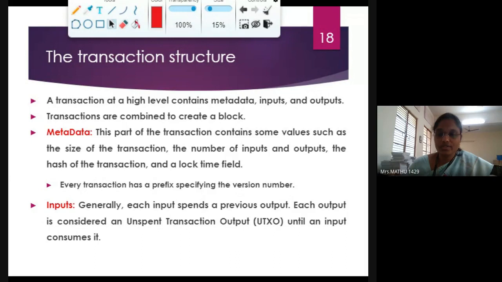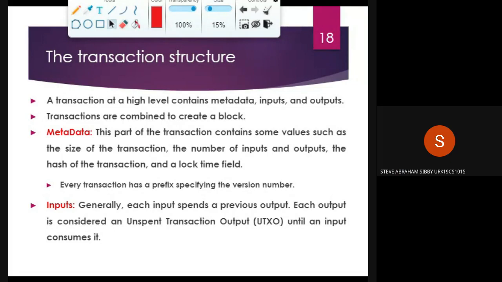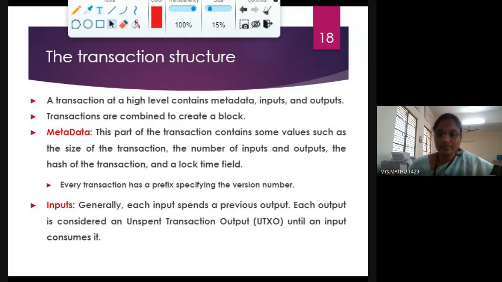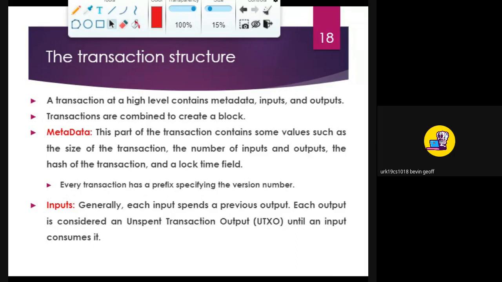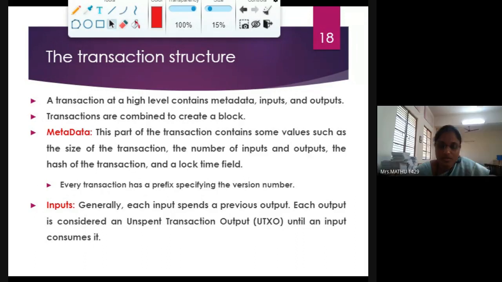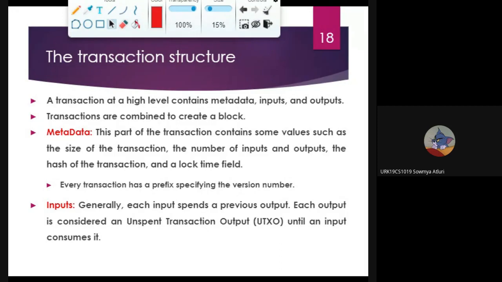Joel Sam, present. Steve Abraham, present. Aditya, Bevin Jeff, present. Soumya, present. Sneha, present.